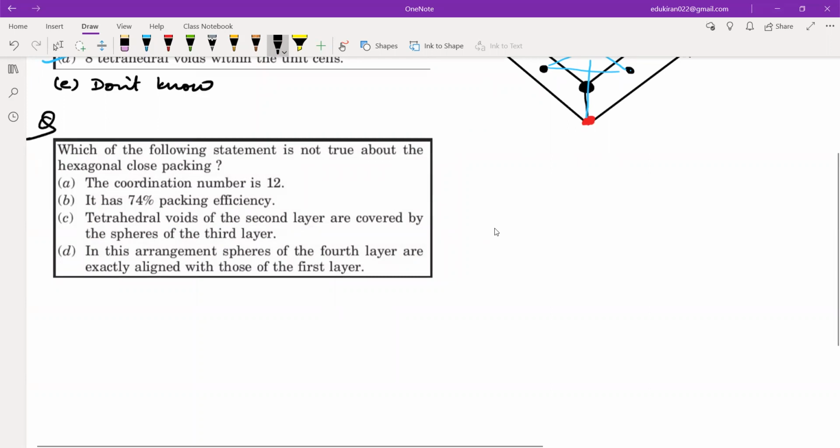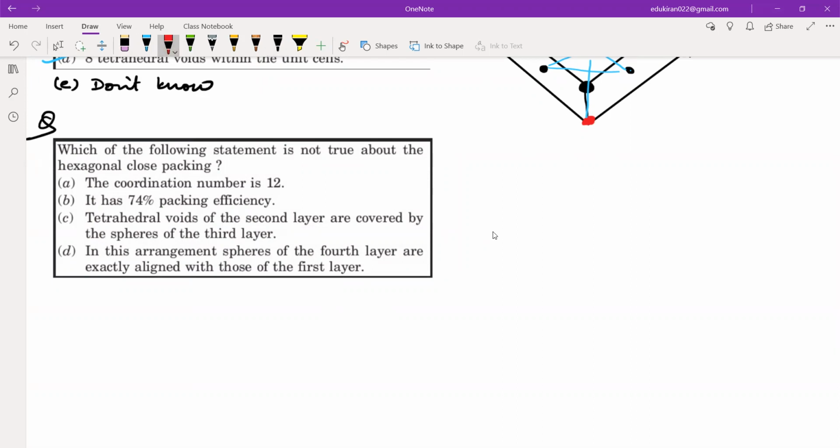The following statement is not true about the hexagonal close packing. Now, this hexagonal close packing is 2D or 3D? Tell me. 3D. Very good. This is 3D. So tell me about the first statement.